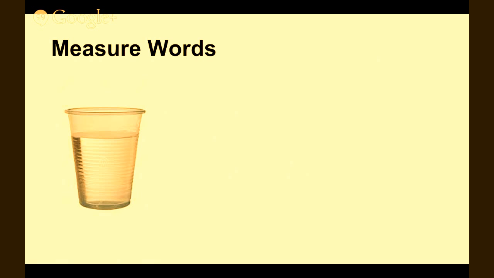You can imagine there'll also be a cup of something else, for example, a cup of soda. So cup, in this sense, is this concept of a measure word. You can probably think of some other containers that might serve to measure things, like, for example, a bag of rice or a carton of eggs. When I say that, you have an idea in your mind of what that looks like. It's not just the rice, it's a bag of rice.